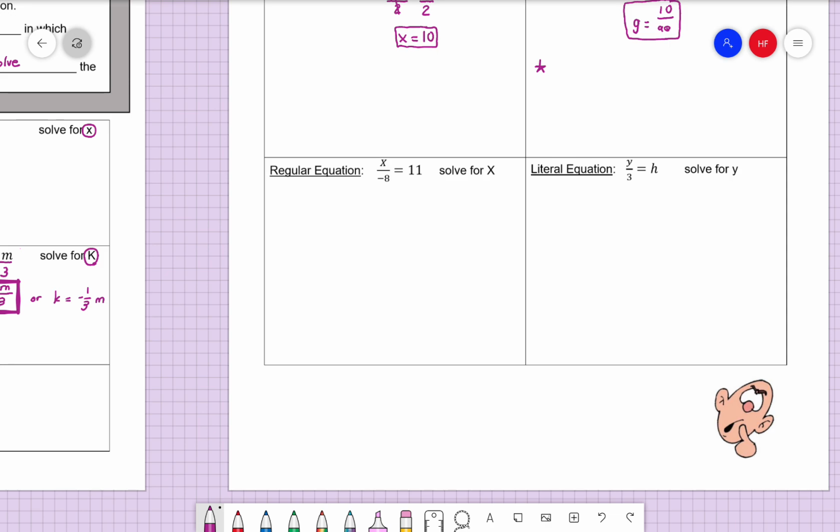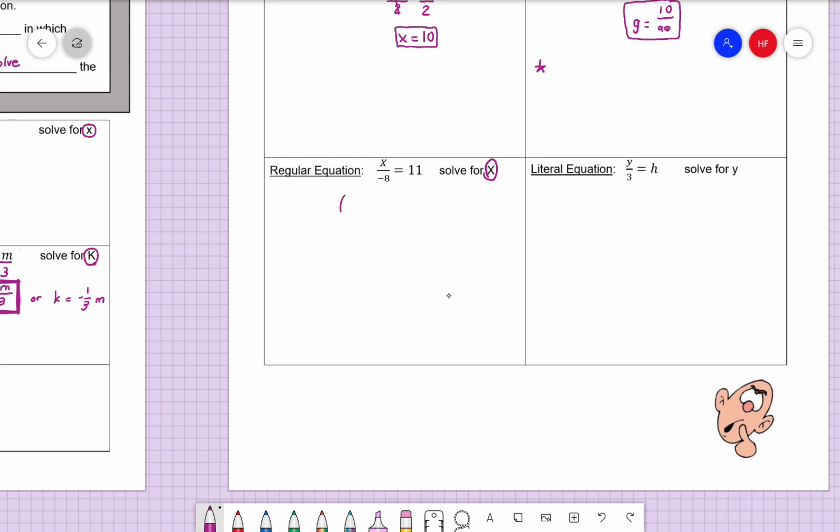Now here we've got that we're solving for x again. We're on the regular side. So x over negative 8 is the same thing as saying negative 1/8 times x. These are the same. So in order to get rid of a divided by negative 8, I'm going to do the opposite and multiply by negative 8.